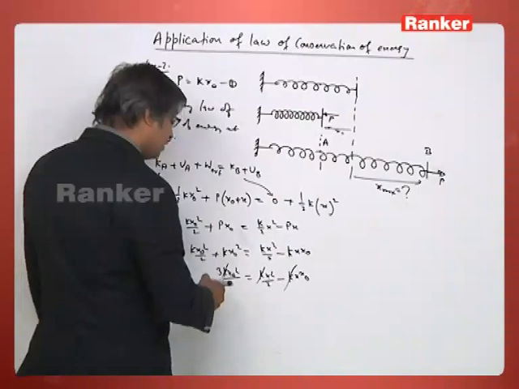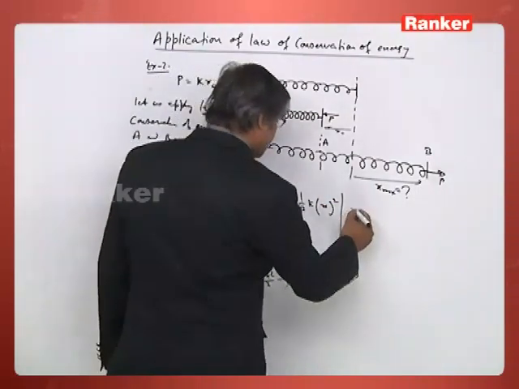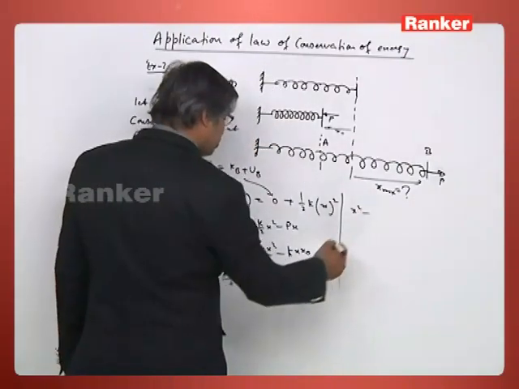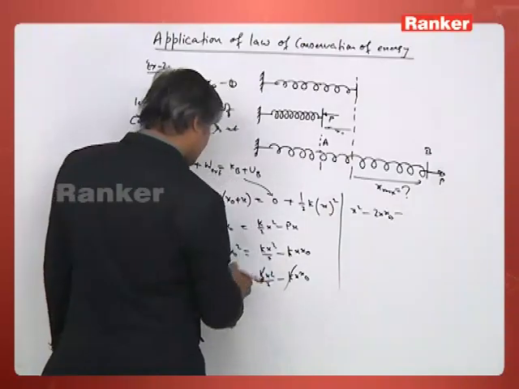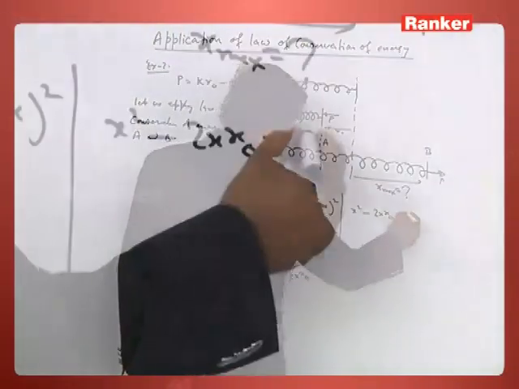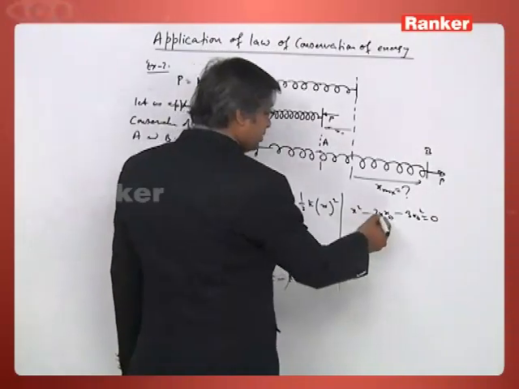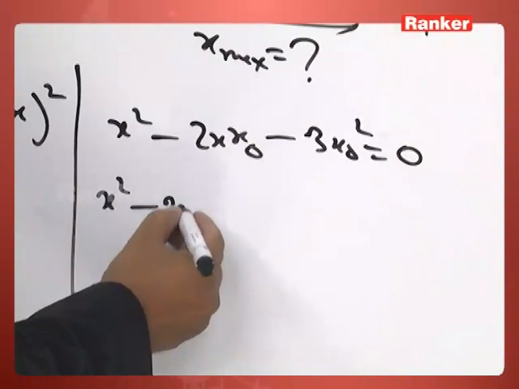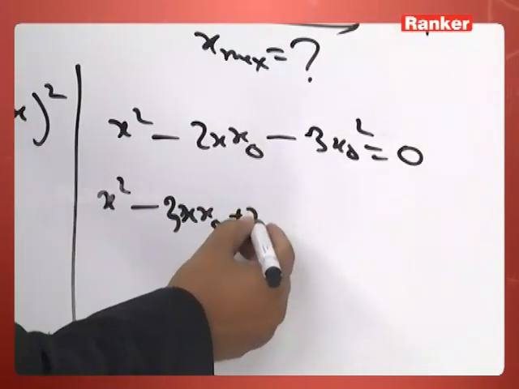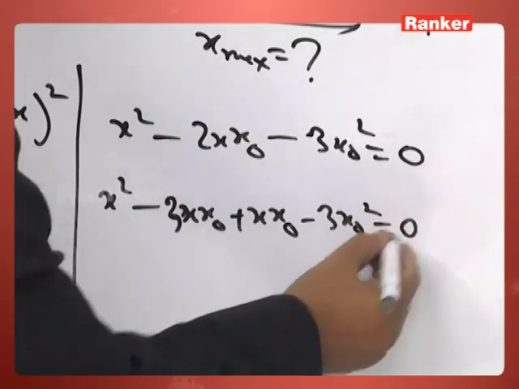K cancels. Multiply by 2, I will get x square minus 2 x naught x minus 3 x naught square equal to 0. So now you can see I can write it as x square plus x naught x minus 3 x naught x minus 3 x naught square equal to 0.